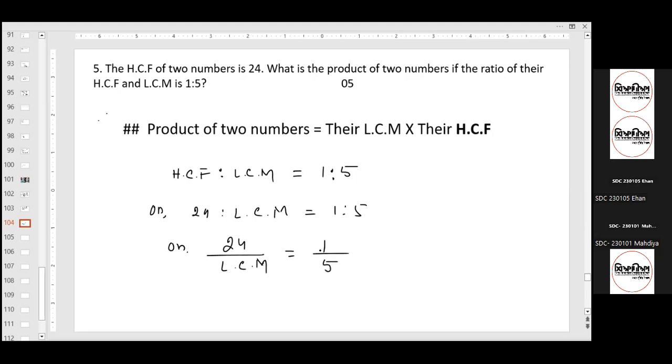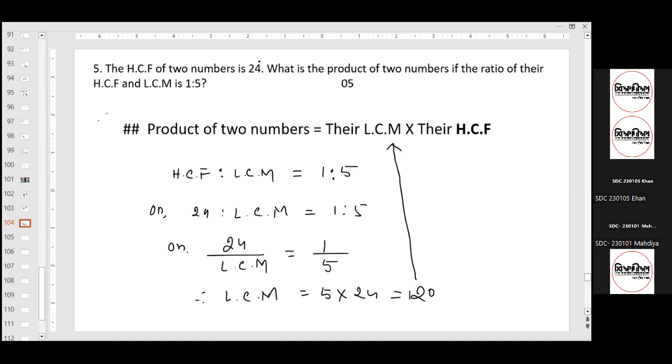Now LCM into 1 or 5 into 24 will be equal. Therefore, we can write LCM multiplied by 1, means LCM is equal to 5 multiplied by 24. That is 120. So now we do have the LCM.